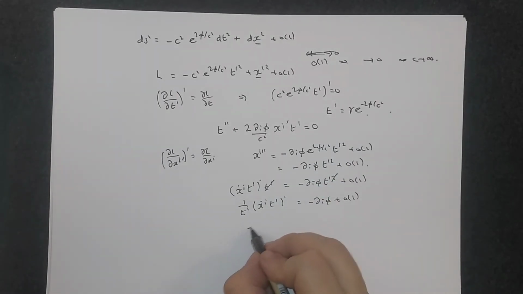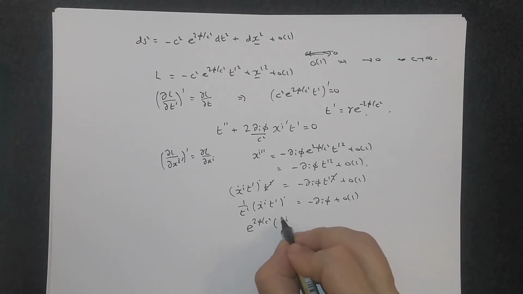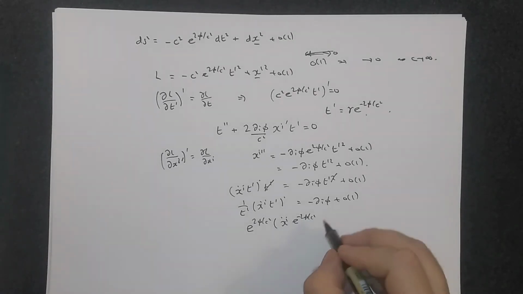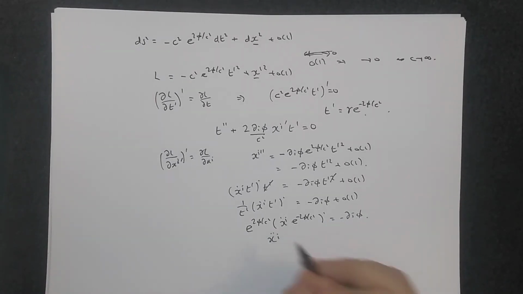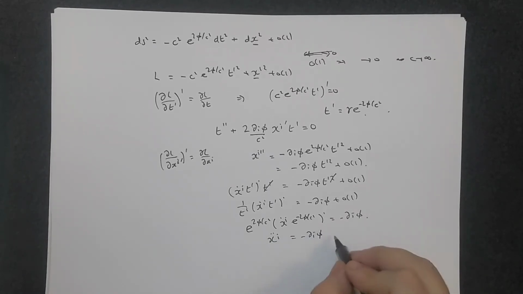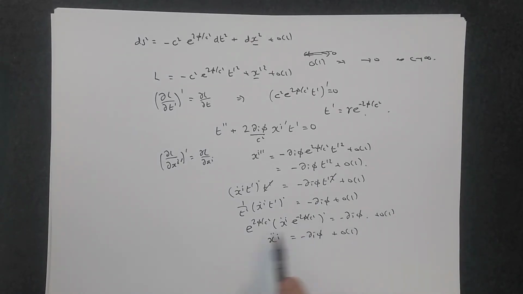From here that gives me e to the 2 phi over c squared times x^i dot e to the minus 2 phi over c squared dot is minus di phi, gives me x^i double dot is minus di phi plus little o(1). The extra term we get here brings down a 1 over c squared term, so that's why it's absent here. So we get x double dot is minus grad phi. So that's the acceleration due to a potential phi in Newtonian theory.